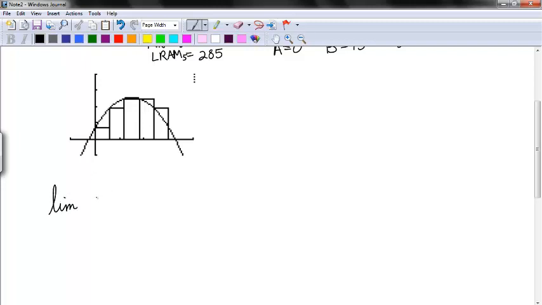The limit, and I'm not that concerned about this formula. You're not really going to use this, but I want it in your notes. If you take the limit, it's basically the areas of the rectangles.